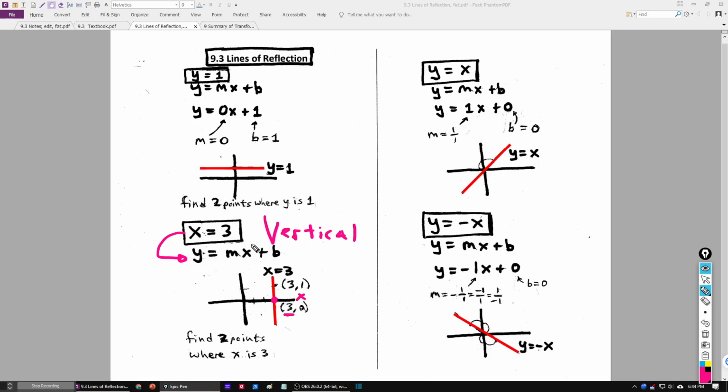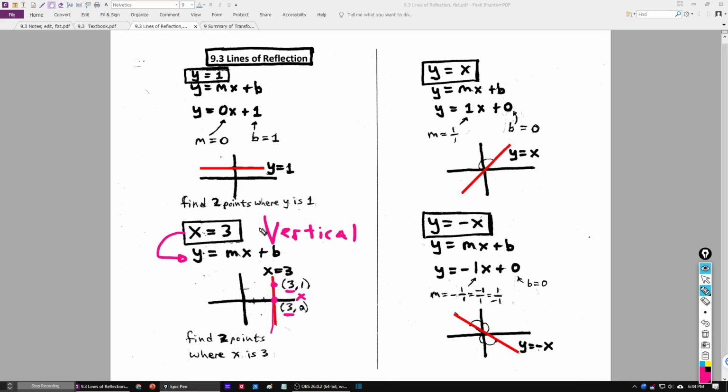Let's find another point where x equals 3. So let's say 3, 1. We still go out to an x of 3, and then we go up 1 on the y coordinate. We only need 2 points in order to determine a line. So there's our line. X equals 3 is a vertical line where the x coordinate will always be 3.